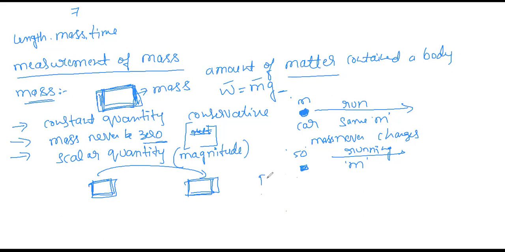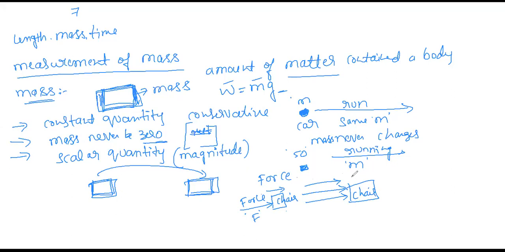But force has some direction. Let us assume this is a chair. If we push it, you are applying a force, and the chair is displaced from one position to another. In whichever direction we apply the force, the body also moves in the same direction.